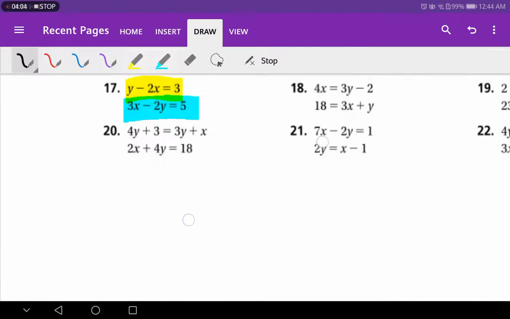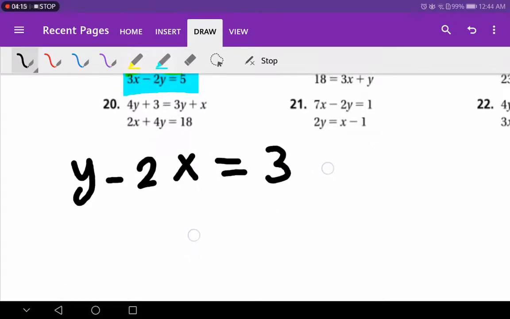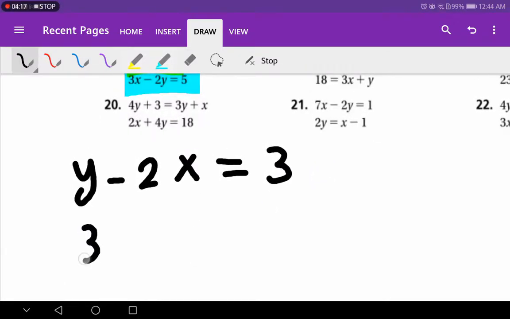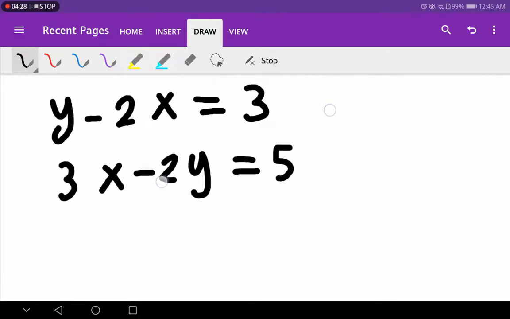So what I have to do, teacher? First of all, listen to me. I will start with 17. The first equation is y minus 2x equals 3, and the second equation is 3x minus 2y equals 5. I just rewrite the system here.